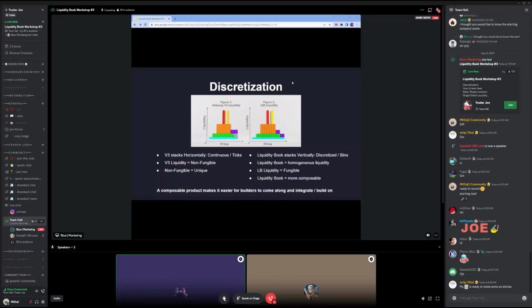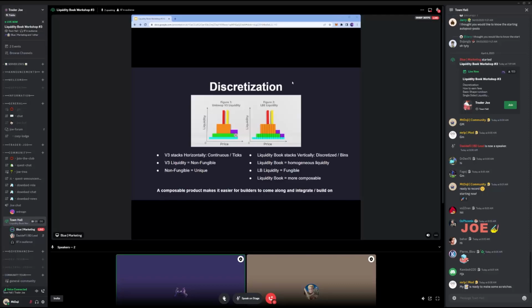So it's a fungible liquidity position, because the architecture allows everyone to place liquidity into the same area. Liquidity Book as an AMM, compared to Uniswap V3 or a continuous flow kind of model, has this fundamental difference: your liquidity is placed into the same containers or bins that other liquidity providers are putting their liquidity into.